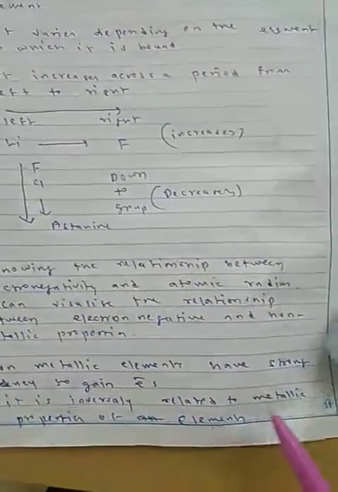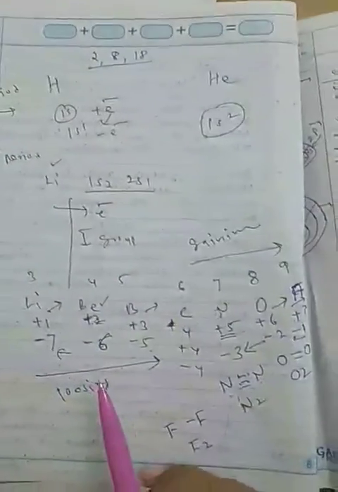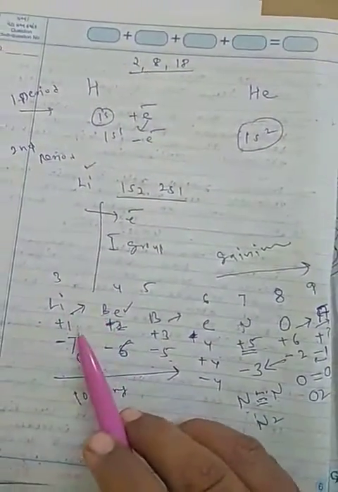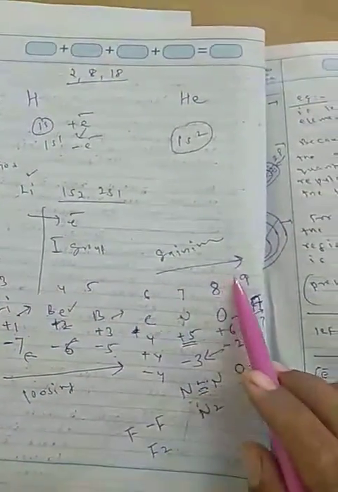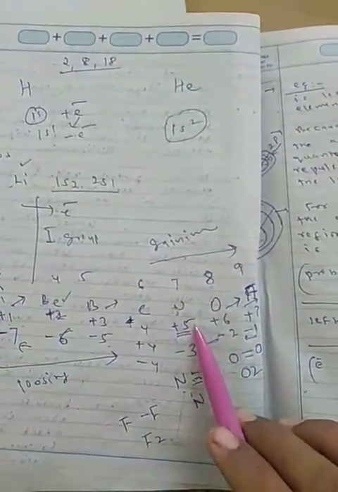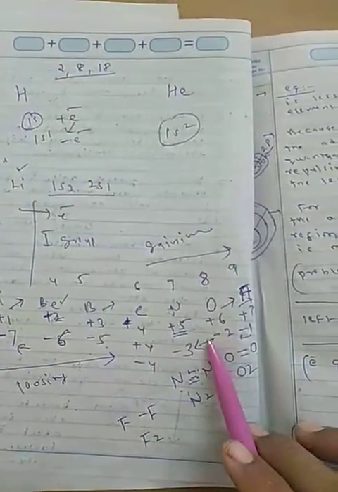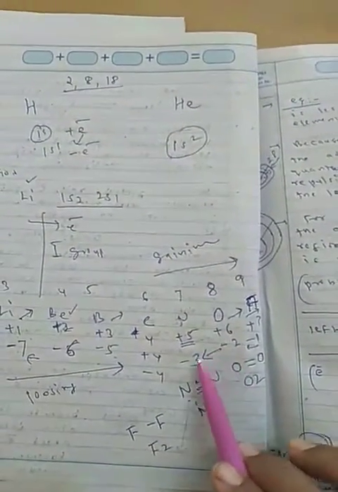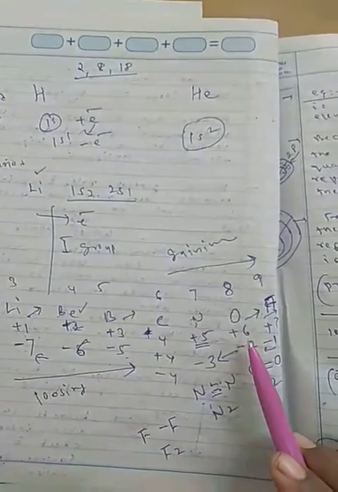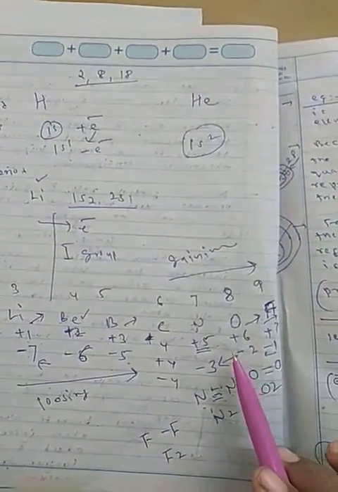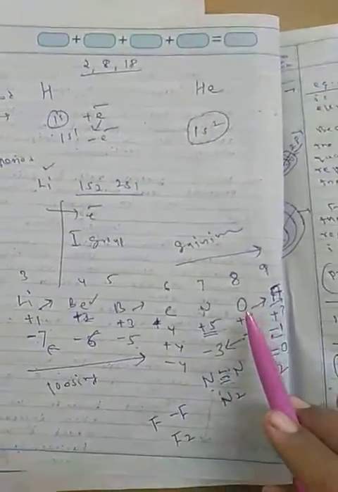It is inversely related to the metallic property of an element. In the earlier lecture I showed you lithium, beryllium. While going in a period from left to right, the metals easily lose electrons, and the elements which easily gain are non-metallic.